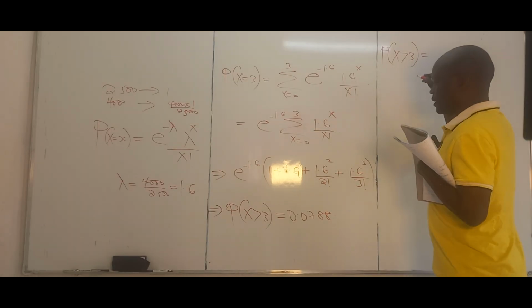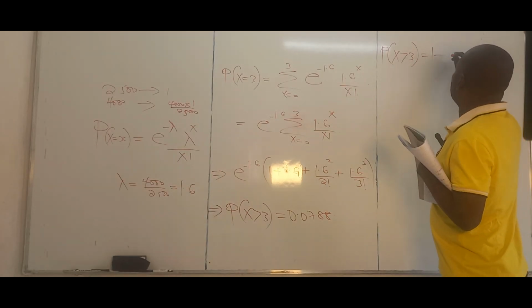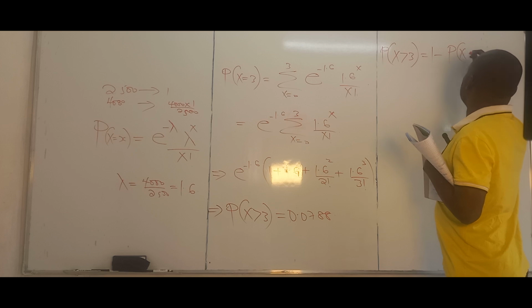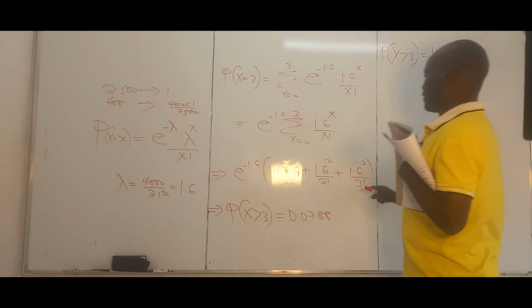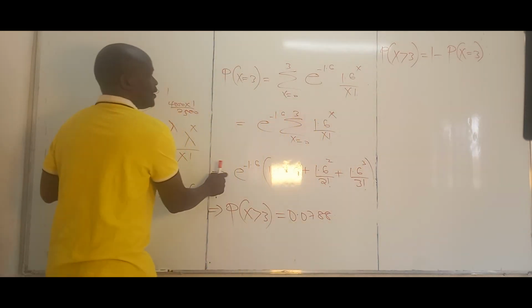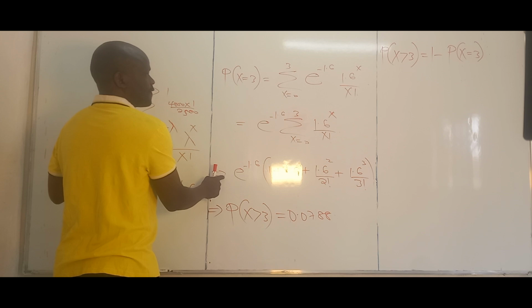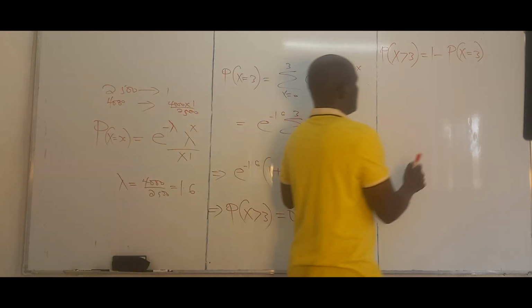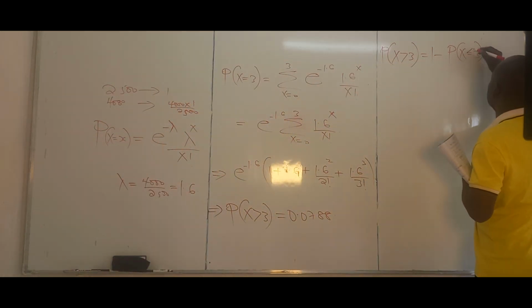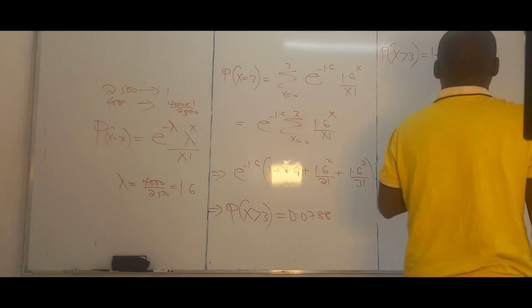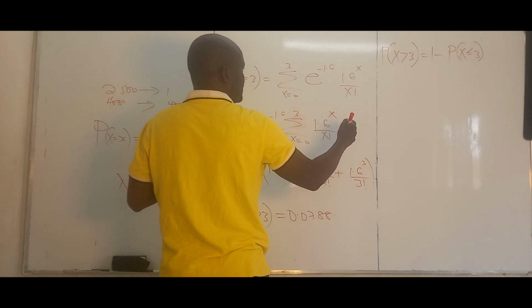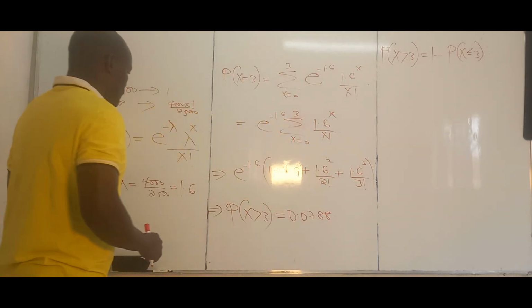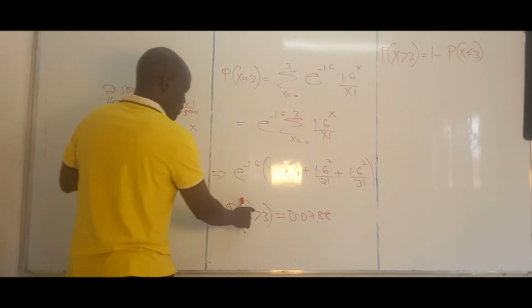And just remember that this particular probability is obtained by getting, actually, the probability that x is greater than 3, which is given by 1 minus the probability that x is 3 or less. But this is specifically greater than.